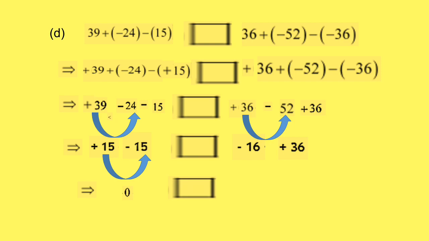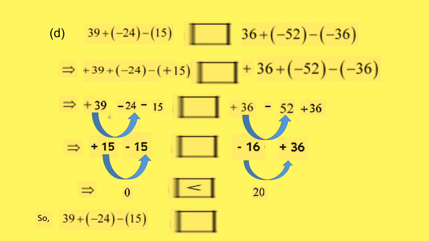Here different sign. So I will subtract 16 from 36. So I got 20 and the bigger number's symbol is plus. So plus 20. Here 0 and 20. So which one is larger? 20. So I'll put the symbol like this and I'll write the answer like this.